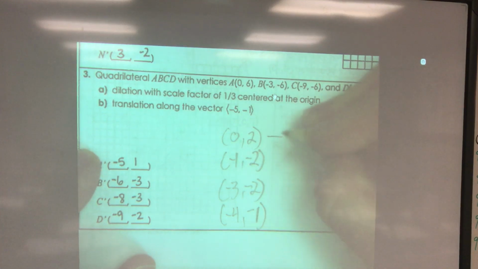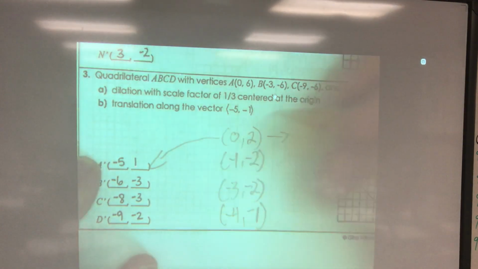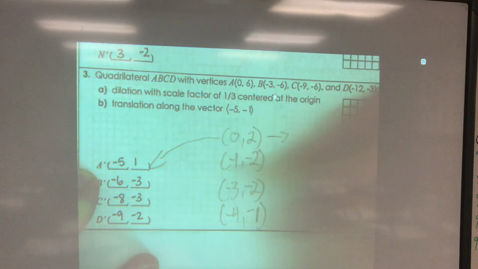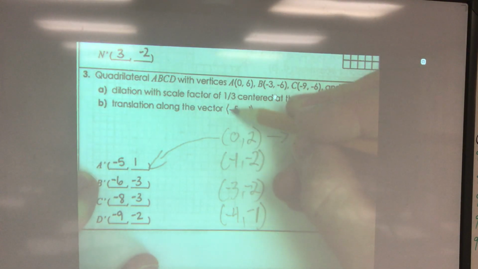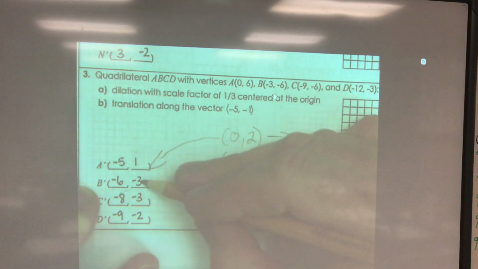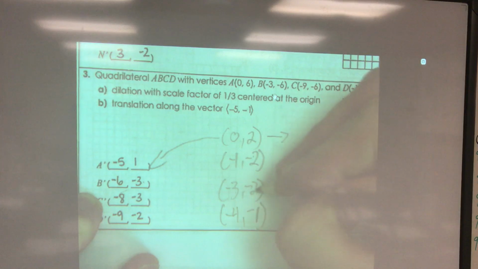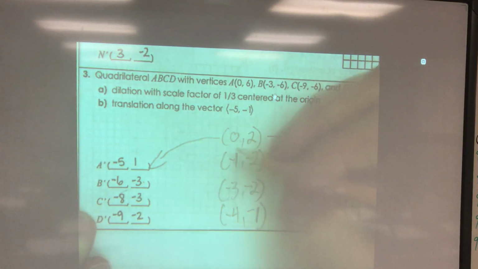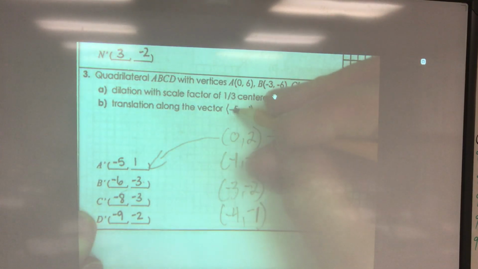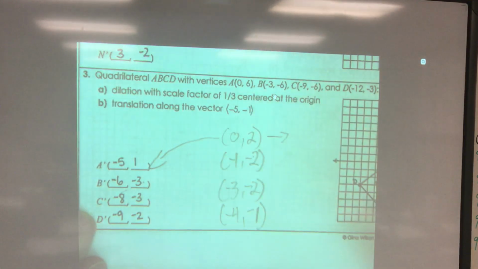So this is now going to change, I should say, to -5 and -1. And then if I add -1 minus 5, -6, -2 minus 1, -3. -3 minus 5, -8, -2 minus 1, -3. -4 minus 5, -9, -1 minus 1, -2.